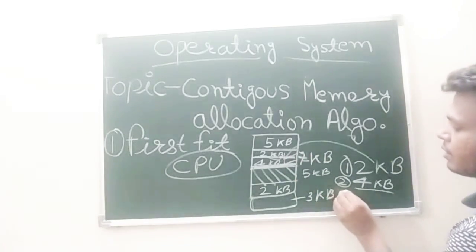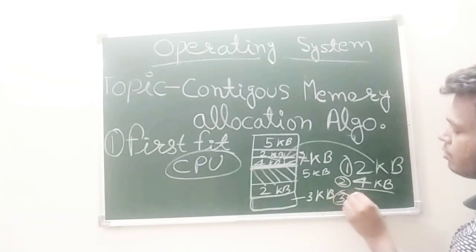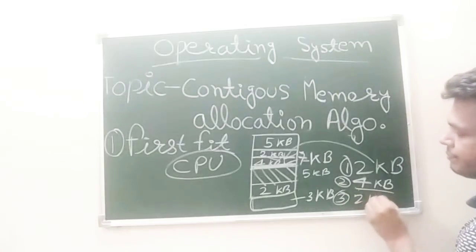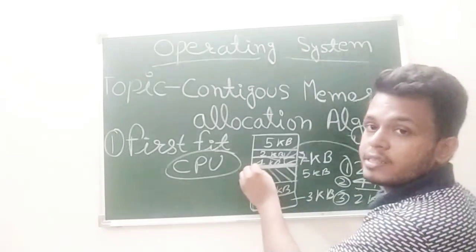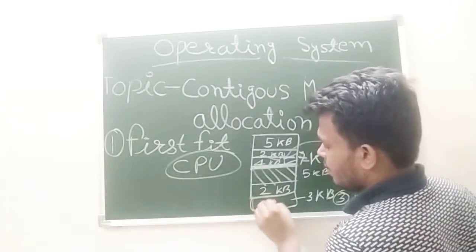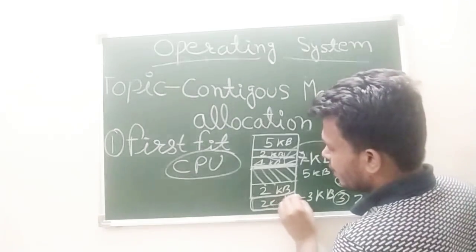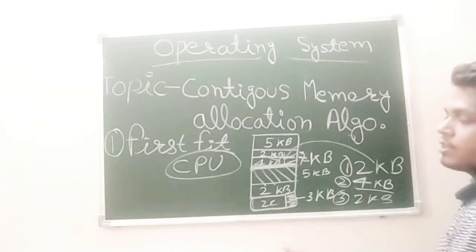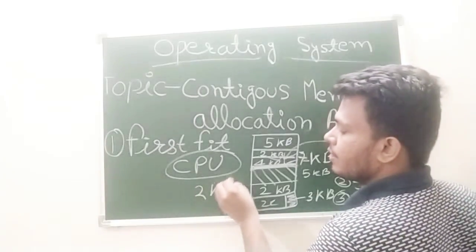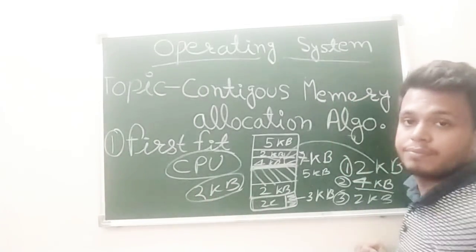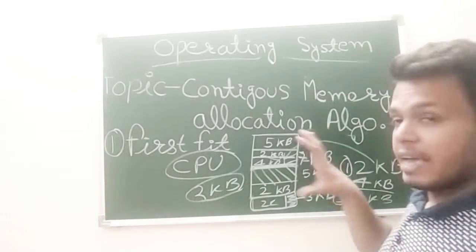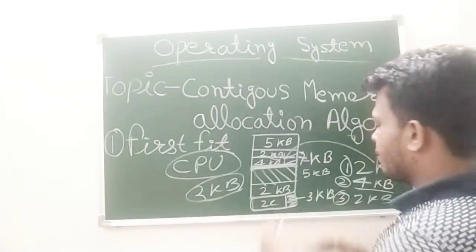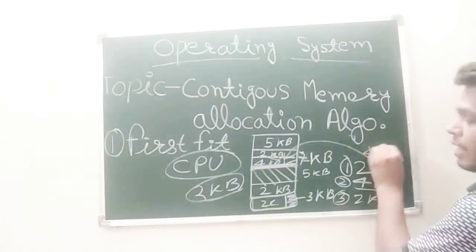Suppose a process comes with 2 KB. It cannot reside in this, it will reside in this 2 KB. So there will also be 1 KB space left, and there is also some space left, 1 KB and 1 KB. This 2 KB will be wasted, and this is known as external fragmentation. Because suppose a process comes with 2 KB, can we use that?